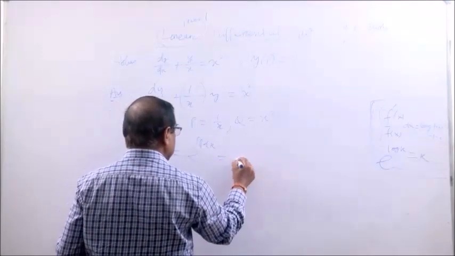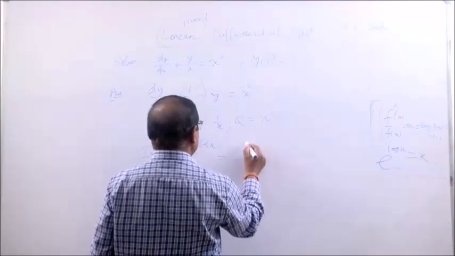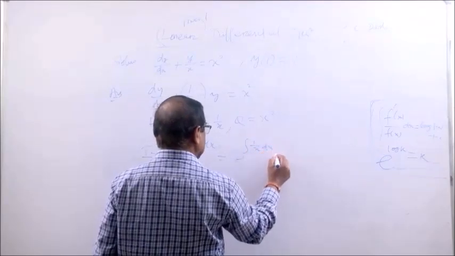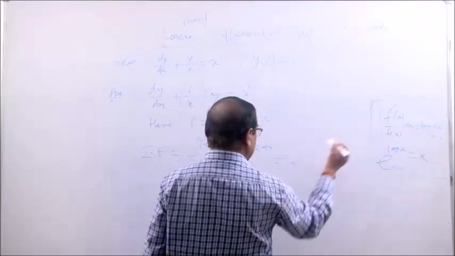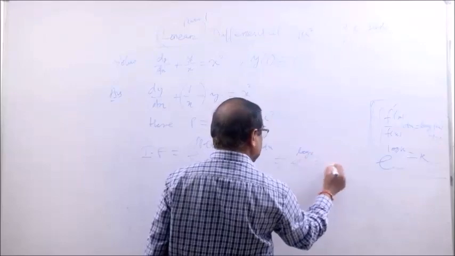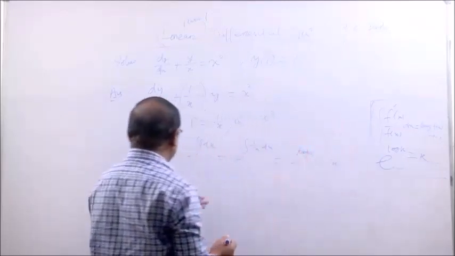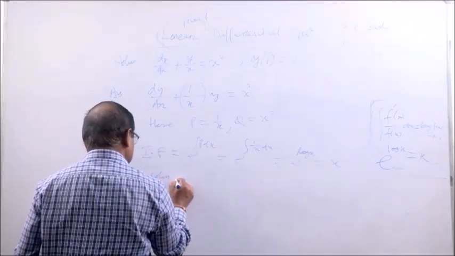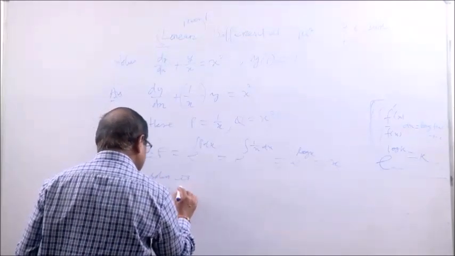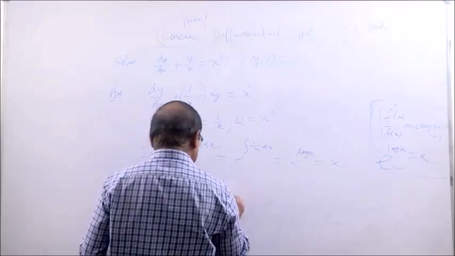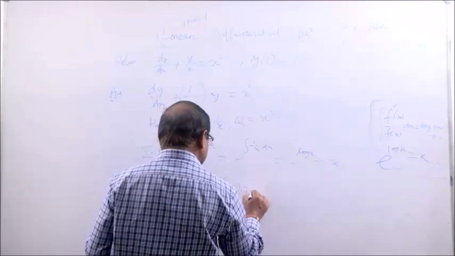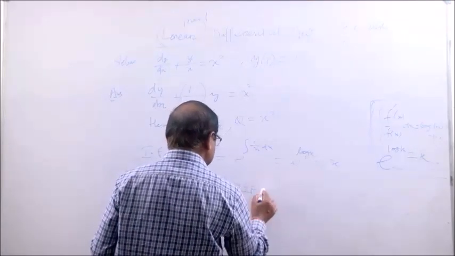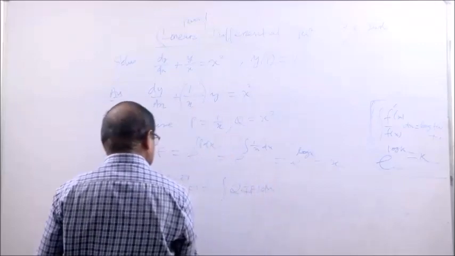I have told you the same formula is coming: e to the power integration of 1 by x dx, that is e to the power log x, the same formula, it is x. So the IF is x. So what is the solution? The solution is y into IF is equal to integration of Q into IF dx.